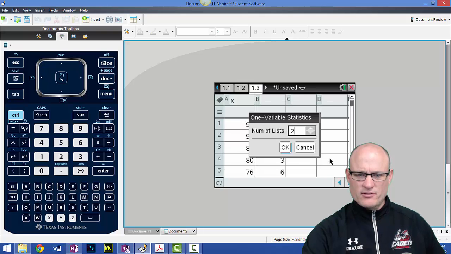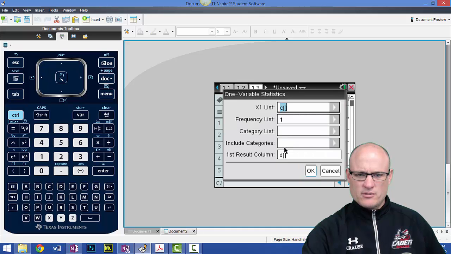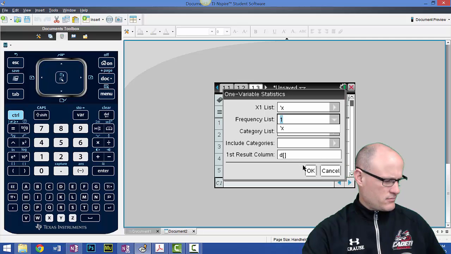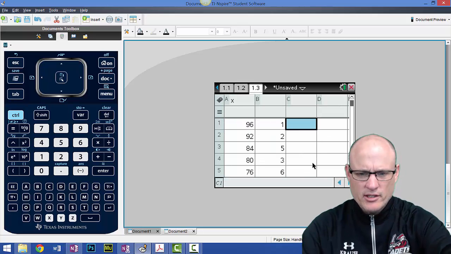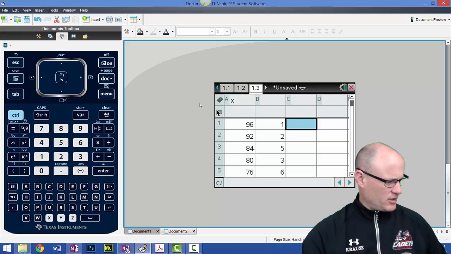No, this isn't right. It's one list. What am I hitting wrong? X is the list, and the frequency is not. Why am I having a brain cramp? Sorry, kids. I haven't done a problem like this in a long time.